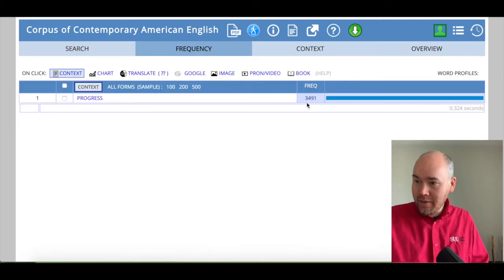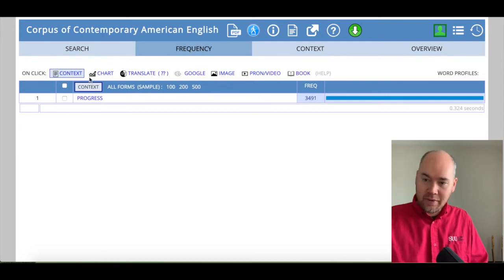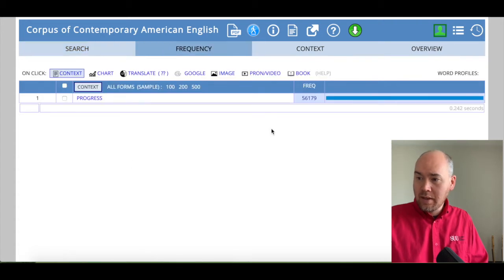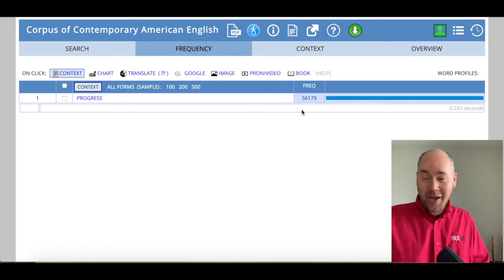And what do I get? About 3,500, almost. So if I look for progress as a noun, again, no space. Whoa, okay. Way more.